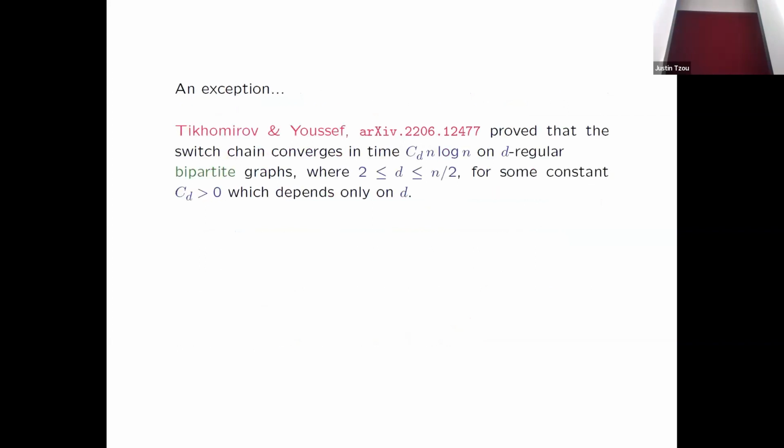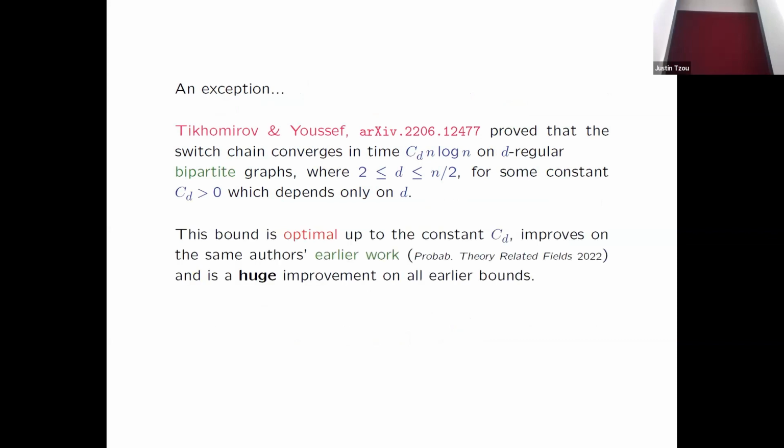A recent exception is the very impressive and difficult work of Tikhomirov and Youssef, who looked at d-regular bipartite graphs, where the vertices are on one side or the other and edges only go from one side to the other. They got n log n mixing time with a constant out the front, and this is optimal up to the value of the constant. So you really can't do much better than this.